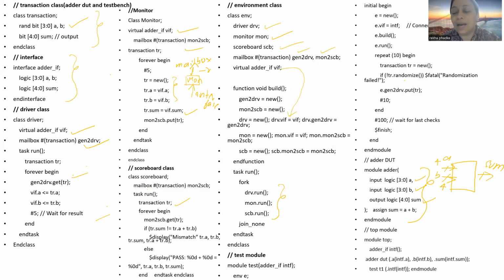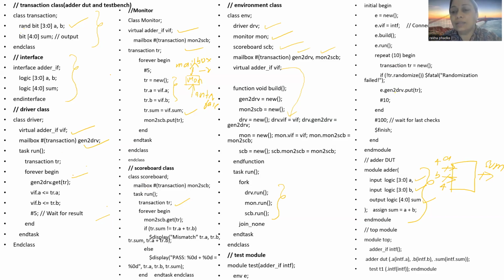Then I call tr.randomize. Since the transaction class has rand bit [3:0] a, b, this gets enabled when we call the built-in function randomize. So I'll get 10 different test cases for A and B because it's inside repeat of 10.